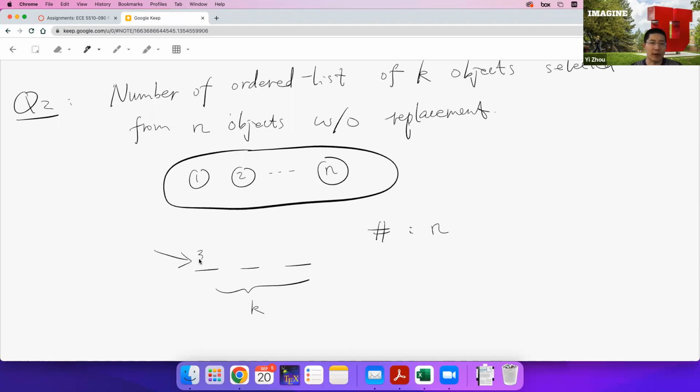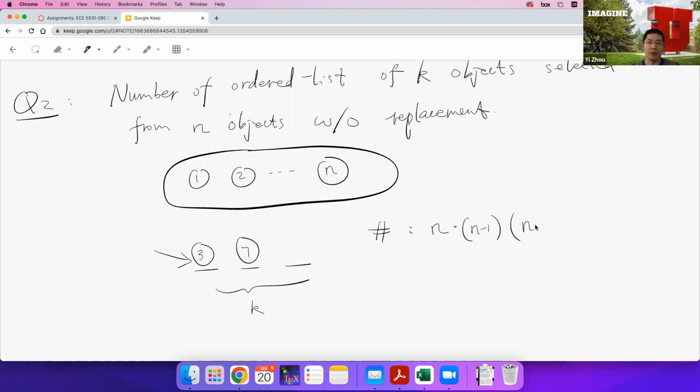Now, suppose you select 3. You have n different choices, and then you are going to fill the second position. And this time, the first ball has been used, so you only have n-1 balls left. So here you have n-1 choices. Okay. Maybe you place 7 here, and then you keep filling these positions, right?